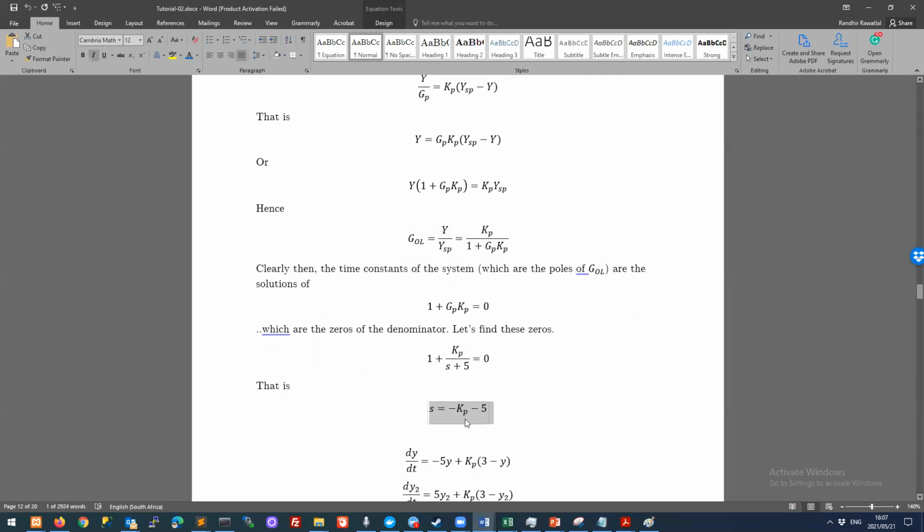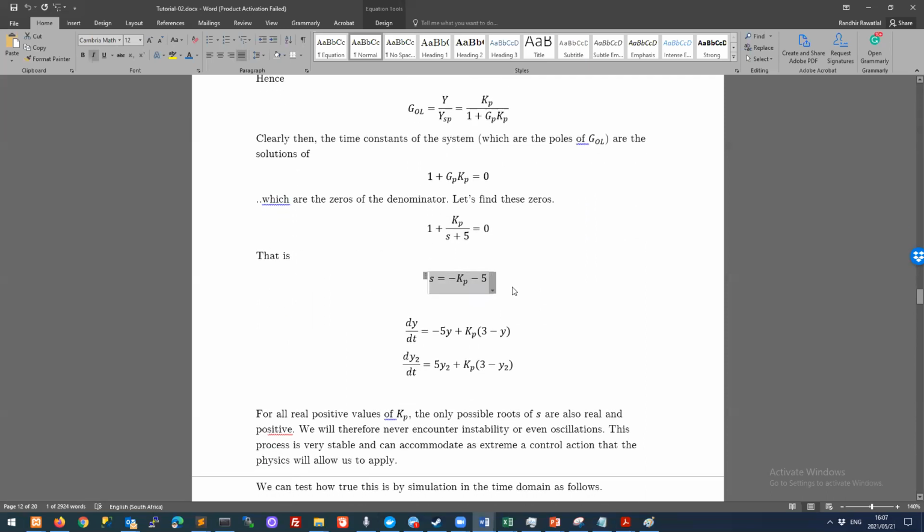So real and negative means it's a stable controller. So for this process, a proportional controller, no matter what value for Kp we stick in here, it is always going to give us stable control. So that's reassuring. That tells us how to design this controller.